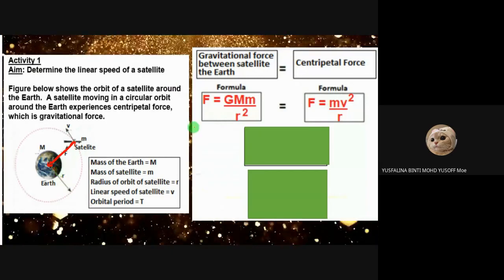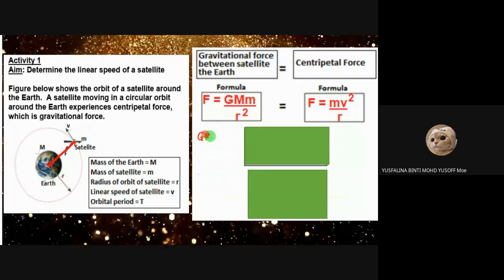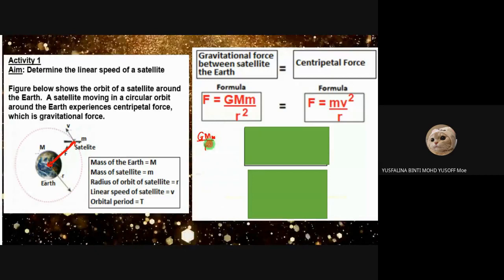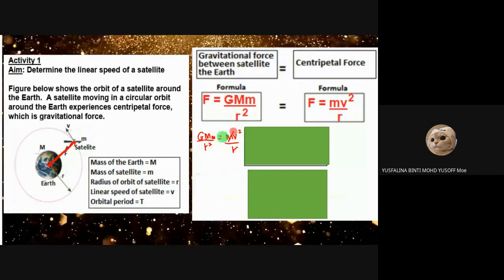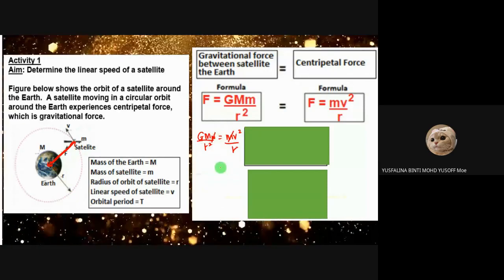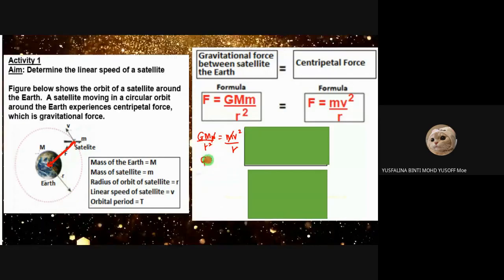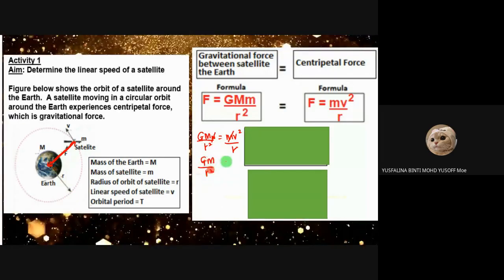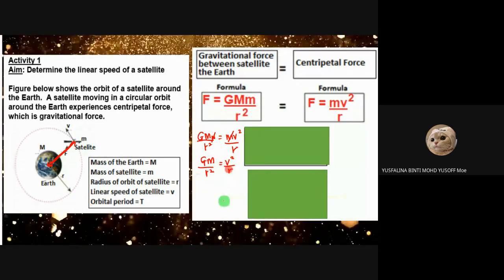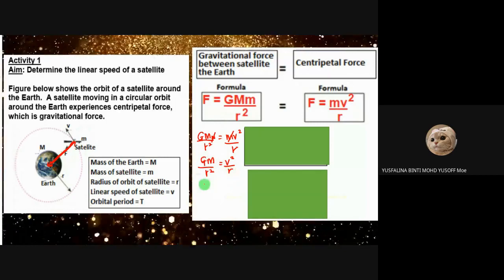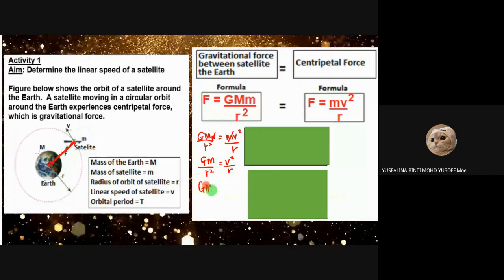So when we equate the equations, this m we can just cancel. It will be left with GM over r squared equals v squared over r. And then you just cross multiply.